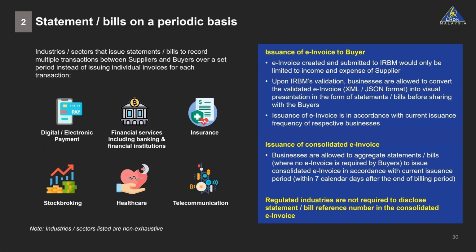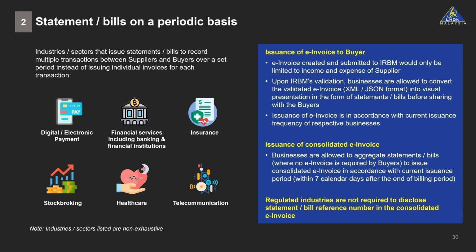Statements are typically generated on a monthly, quarterly, semi-annual or annual basis, depending on prevailing business practices. To align with the implementation of e-invoicing, LHDN allows sellers to issue e-invoice for validation purpose using the foundation of issuing statement or bill based on existing business practice.